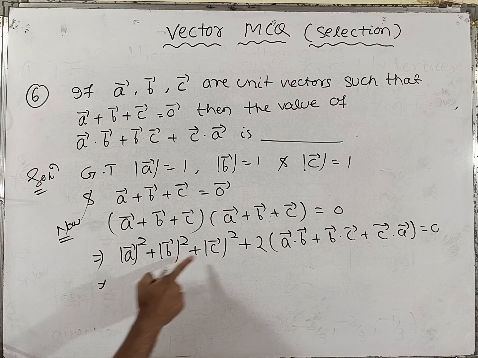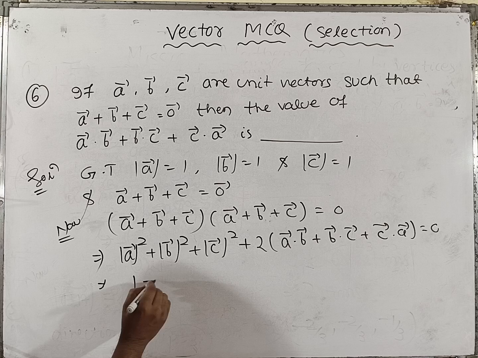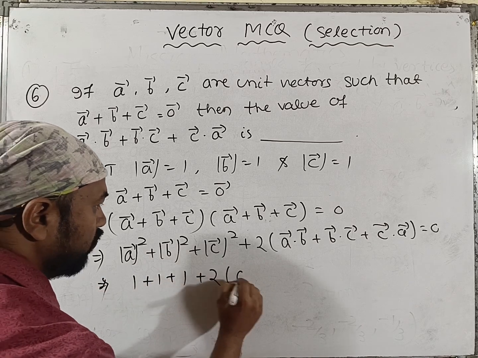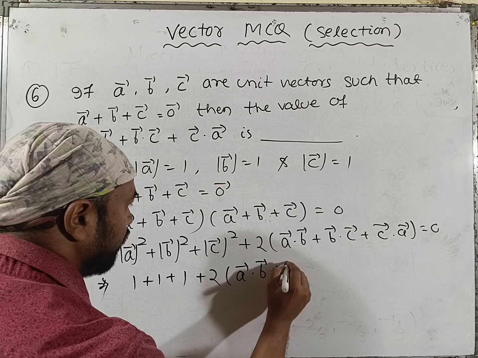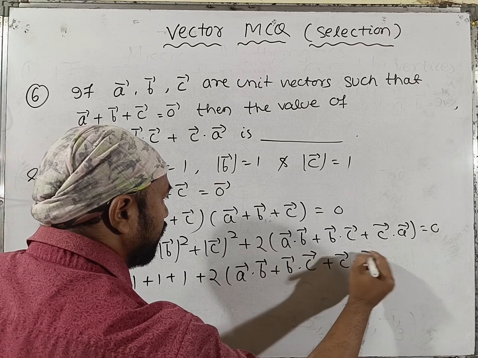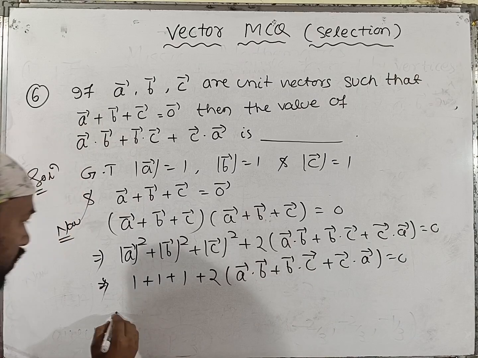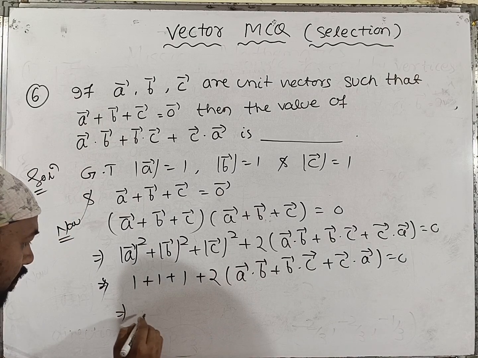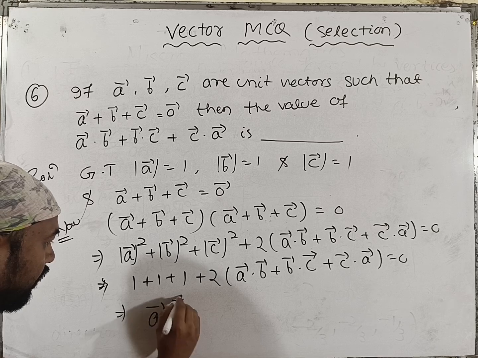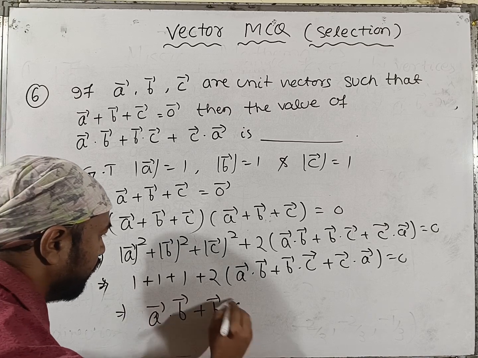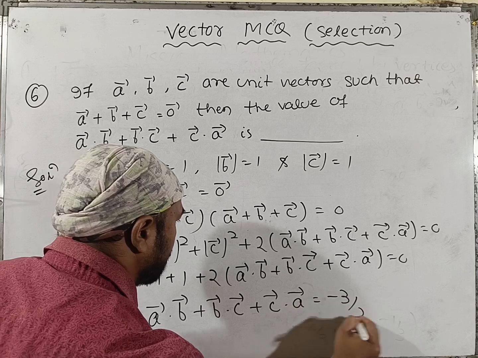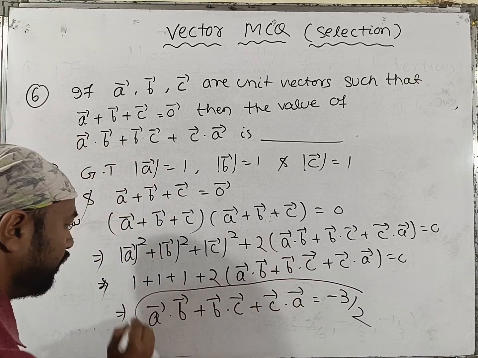Magnitude of A, magnitude of B and C, it is 1. So 1 plus 1 plus 1 plus 2 into, it is 0. Now solving this, I am writing the answer directly here. It is minus 3 by 2.